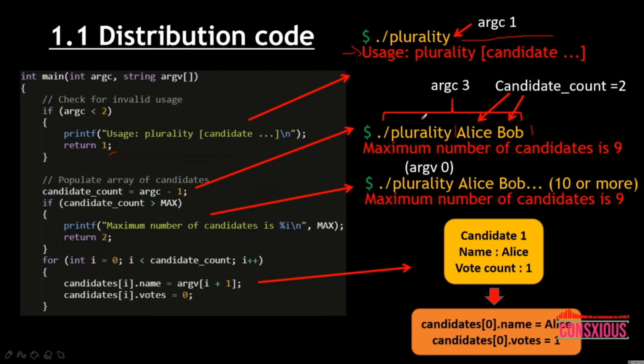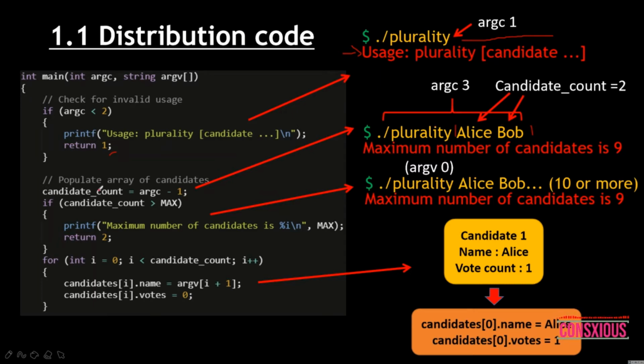So this is known as argument count 1, argument count 2, argument count 3. To find the candidate count, we just minus 1. So for example, the candidate count is 2, because 3 minus 1 equals 2. This is how we get the candidate count.